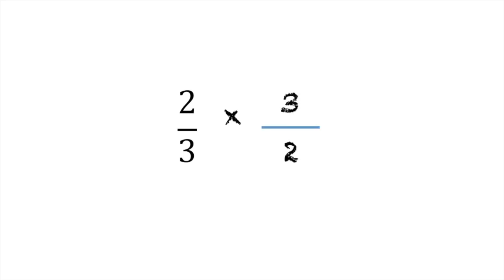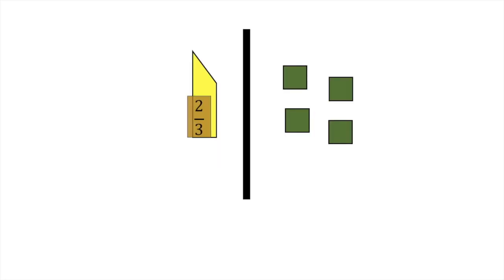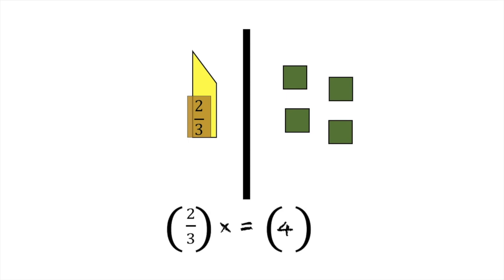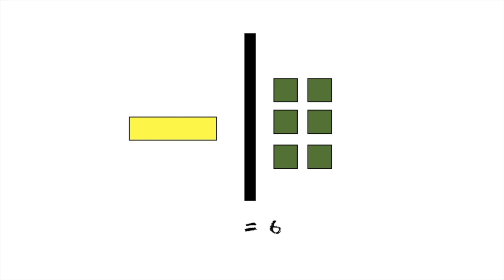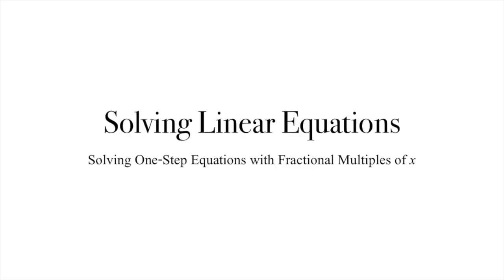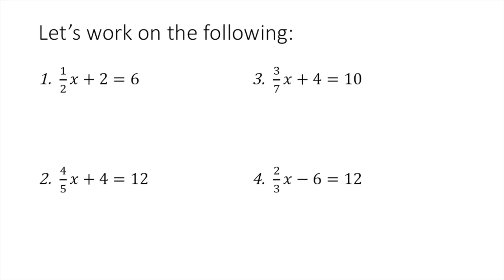Now in our case, we have 2/3 times 3/2. Again, what did we do? We have 2/3 of x is equal to 4 times 3/2. That gives us x is equal to 6. This is solving linear equations with fractional multiples of x. Now let's work on the following equations.